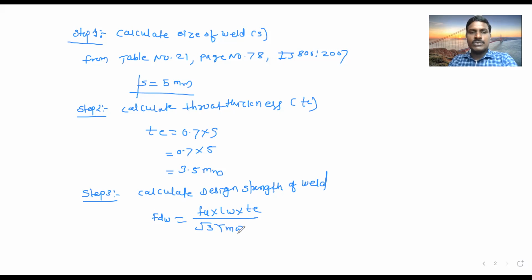Write this formula and keep remembering it. So Fdw is equal to 410 into Lw into throat thickness 3.5 divided by root 3 into 1.25.